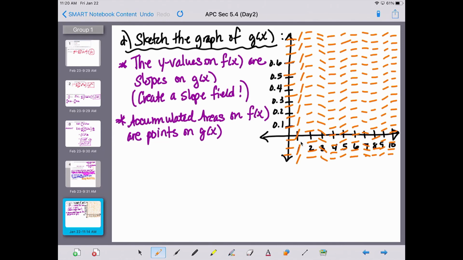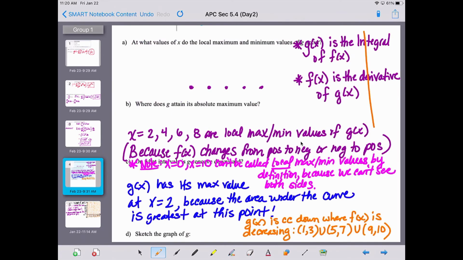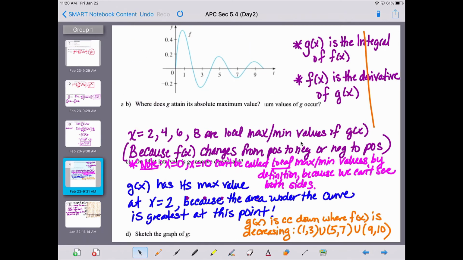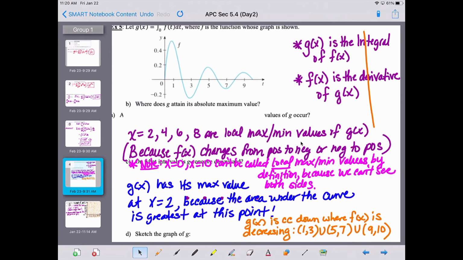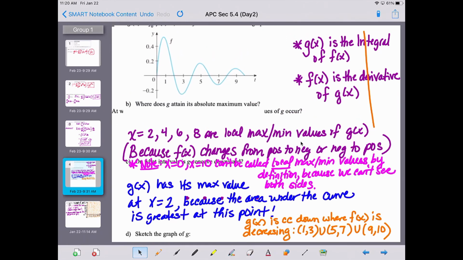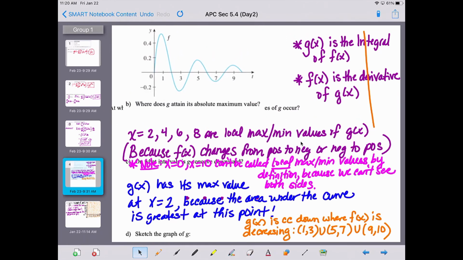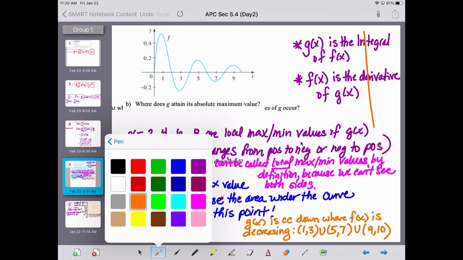So now I need to consider my accumulated areas, and this is going to require me to do a little bit of estimating. So if I go back and look at the graph that was given for this problem, right here, sorry for the mess on the rest of the page, but again, I'm just going to try to chop this up into some shapes that I can estimate the areas of.